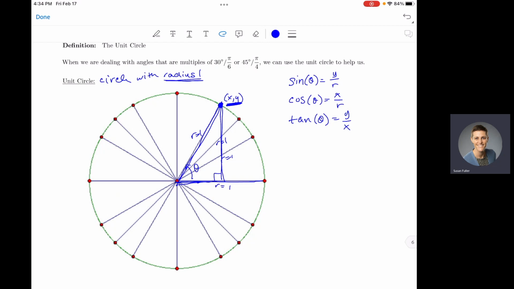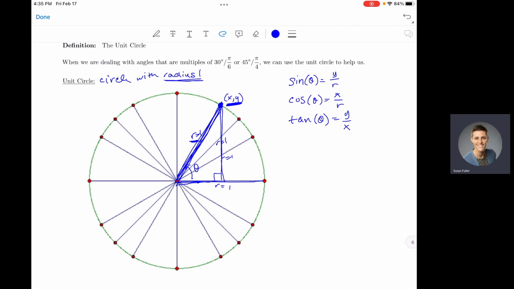We called our hypotenuse r when we did this on Thursday, but we didn't really talk about why. That's because this hypotenuse is going to end up being the radius of a circle out in space like this. When you fix a radius, you get a circle. And in our case, this r value is going to be 1 everywhere.